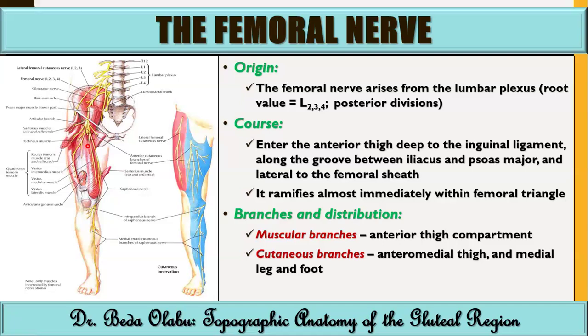Mainly these branches go to the anteromedial thigh. We have the medial cutaneous nerve of the thigh, the intermediate cutaneous nerve of the thigh, and the anterior lateral cutaneous nerve of the thigh, all arising from the femoral nerve in this territory here.